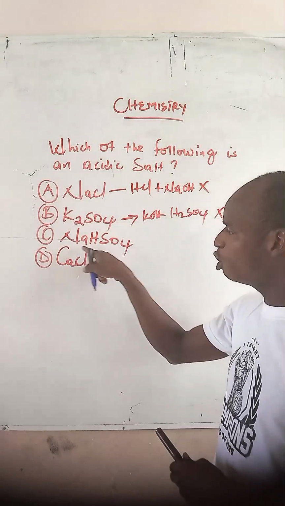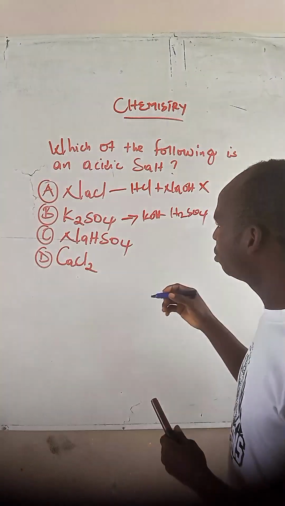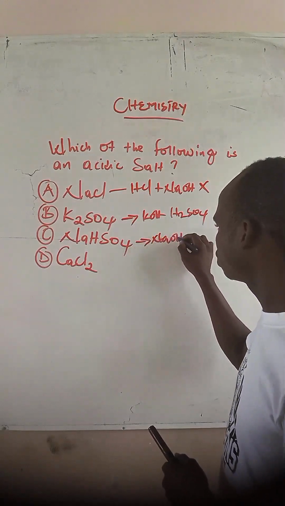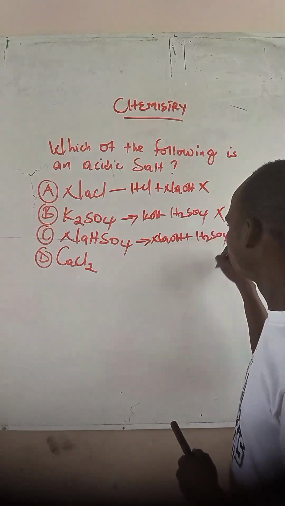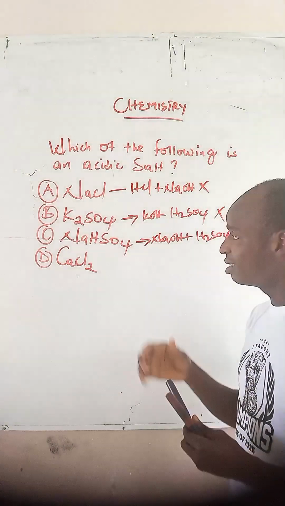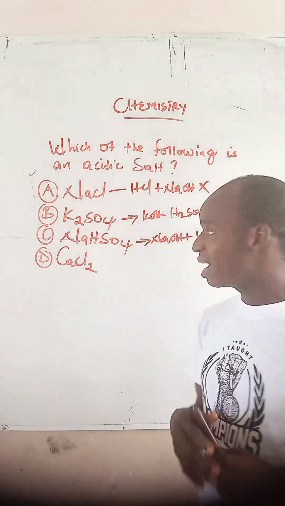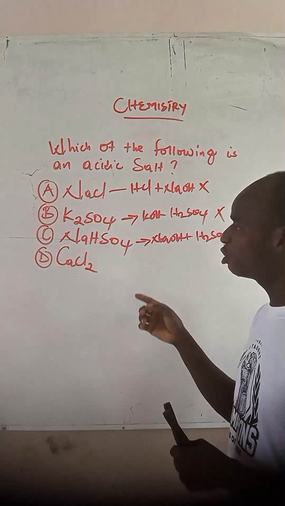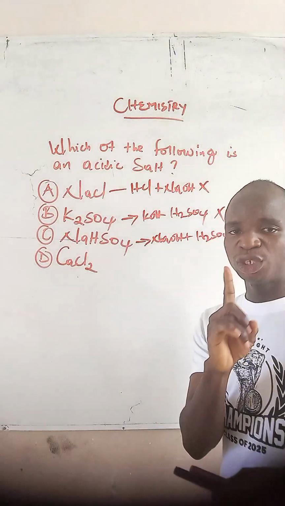Now let's look at sodium hydrogen tetraoxosulfate VI. This is simply formed when sodium hydroxide, NaOH, which is caustic soda, reacts with H2SO4, which is sulfuric acid. In this very case, right, there is an incomplete neutralization, and the incomplete neutralization resulted in what? In sodium replacing only one of the hydrogen ions.